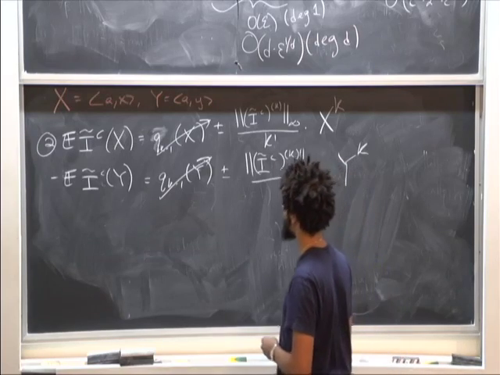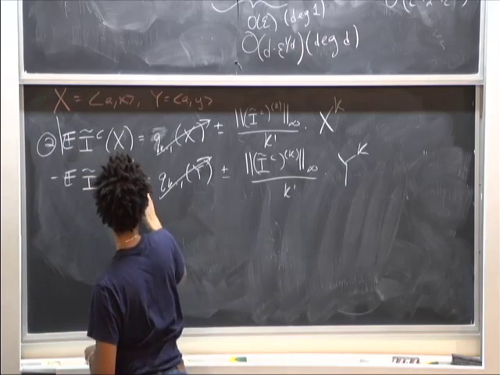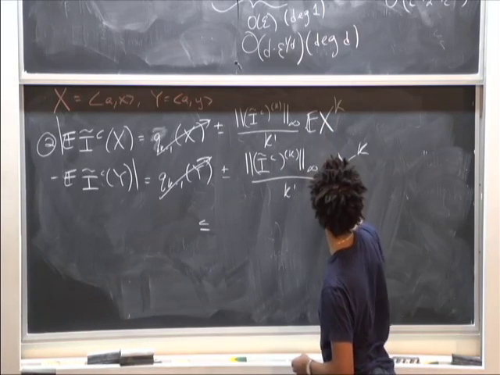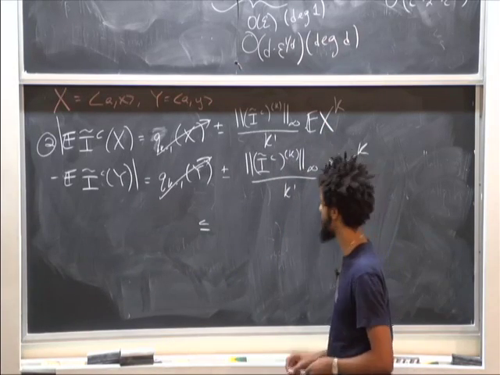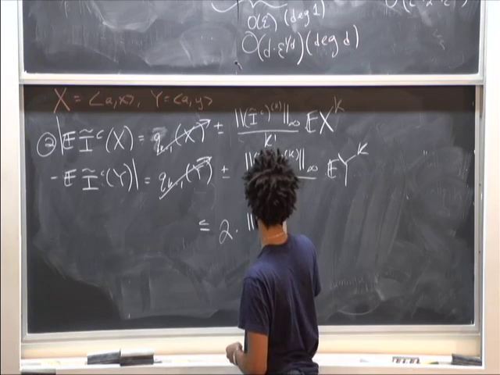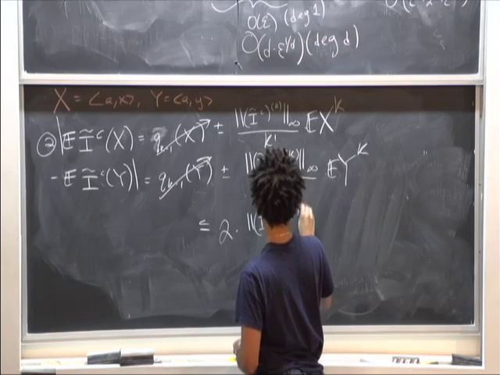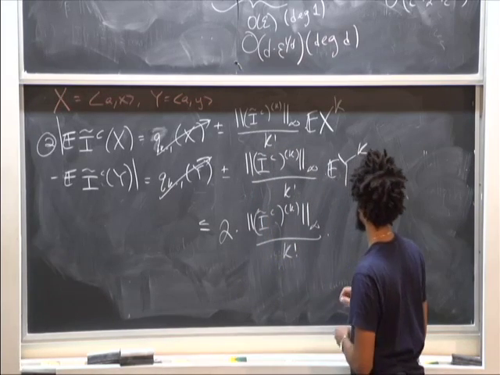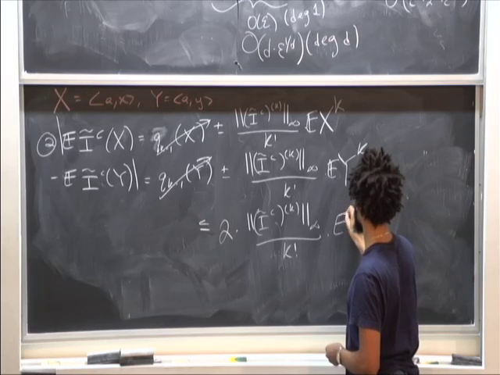And I'm left with something, and these two expectations are the same because it's also under k-wise independence. So this is at most 2 times the derivative bound over k factorial times expectation of x to the k.